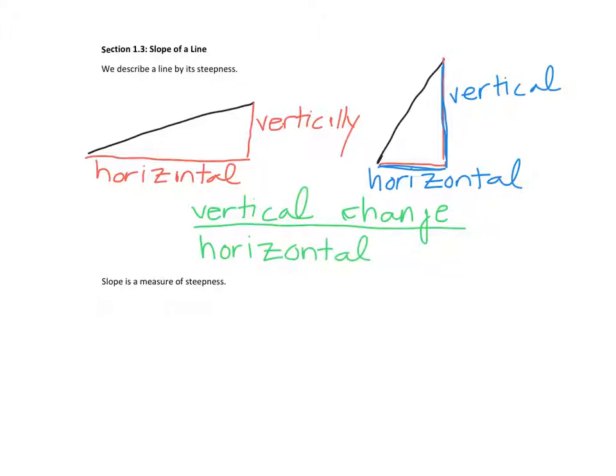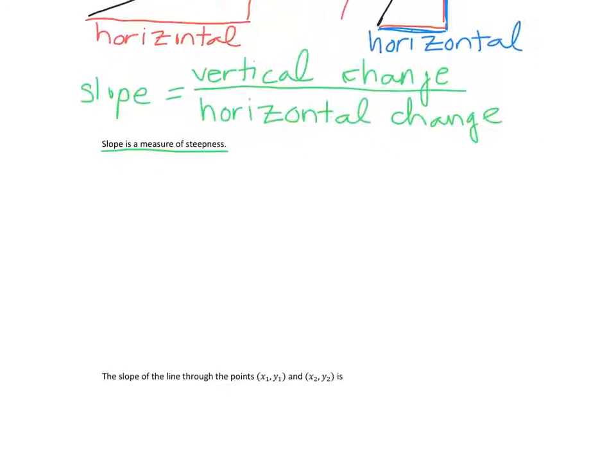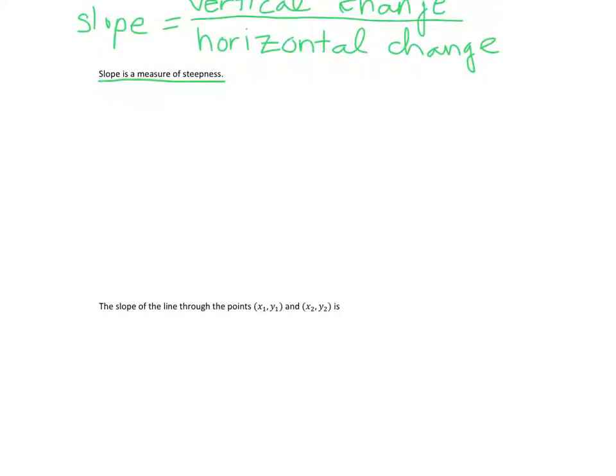But we're not going to call it a measure of steepness. A measure of steepness in mathematical terms is called the slope. Slope is a measure of steepness. Let's develop our formula for slope and see how we derive it.